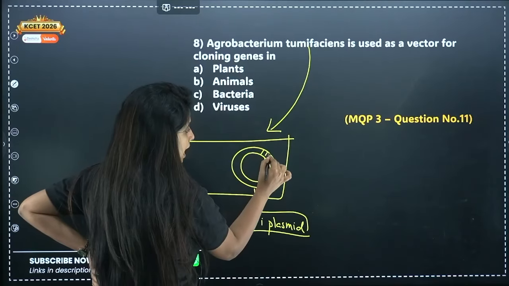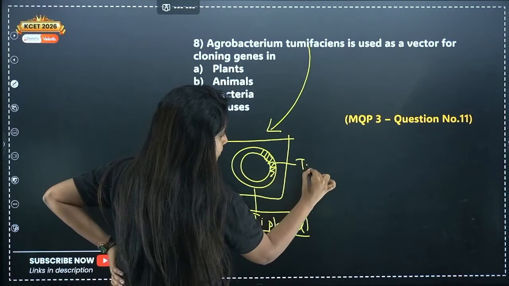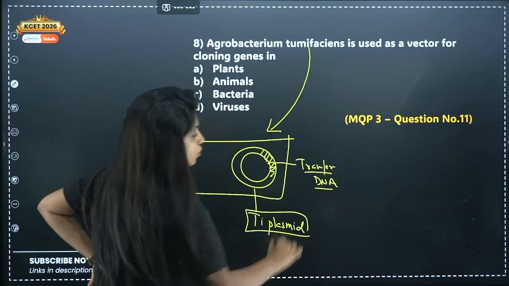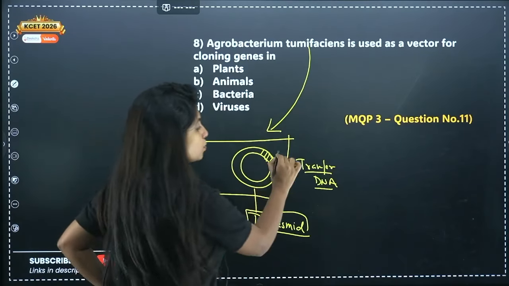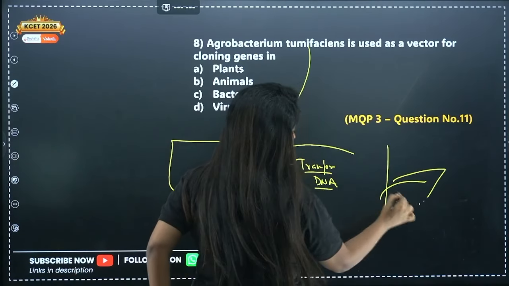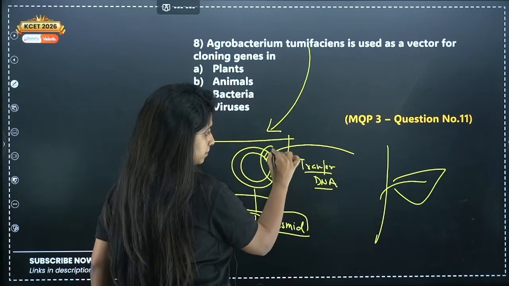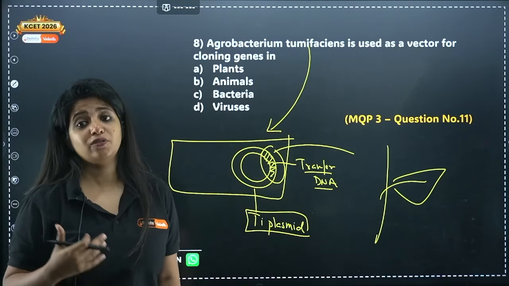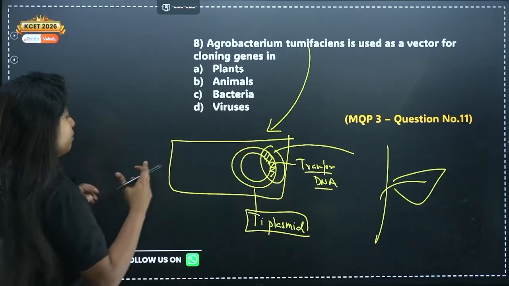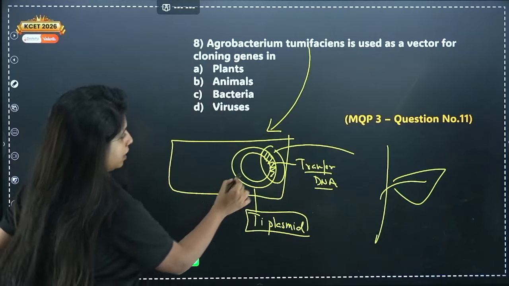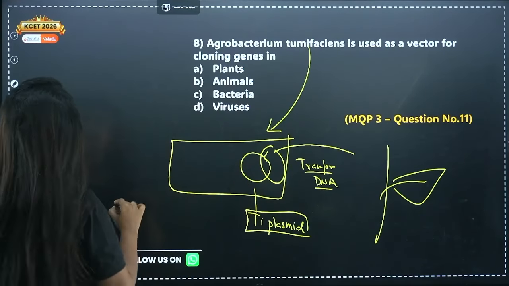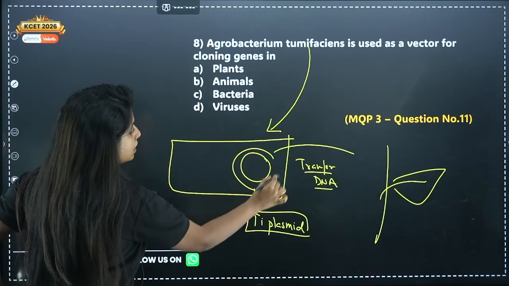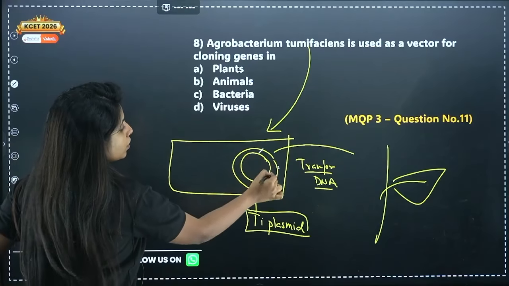How? Basically, it has a region which is known as transfer DNA. Now, when this bacteria goes and infects a plant, it transfers this part, and this part is responsible for forming tumor in plants. Now, suppose I remove the transfer DNA part, everything got removed, and I insert my gene of interest, the gene that I want.